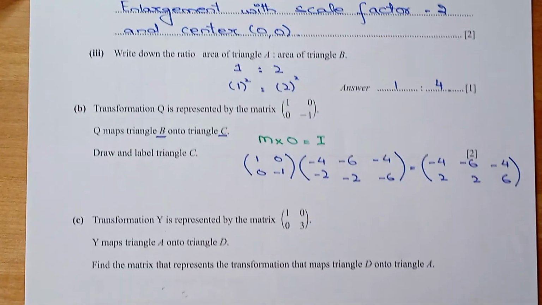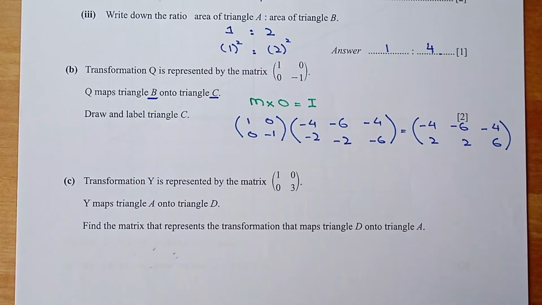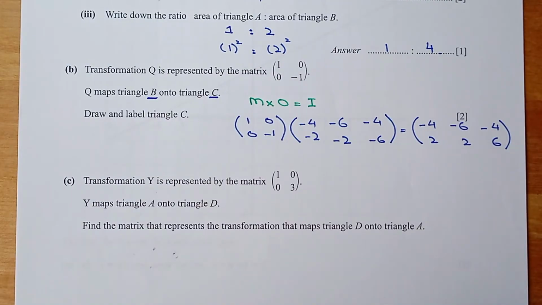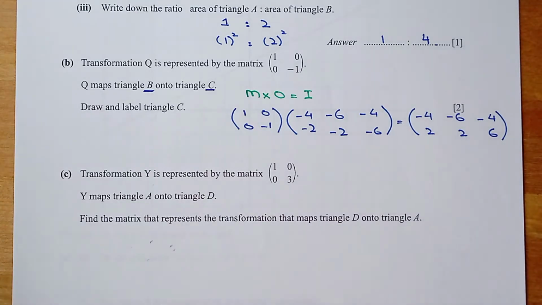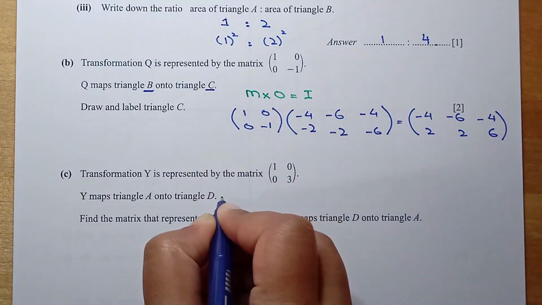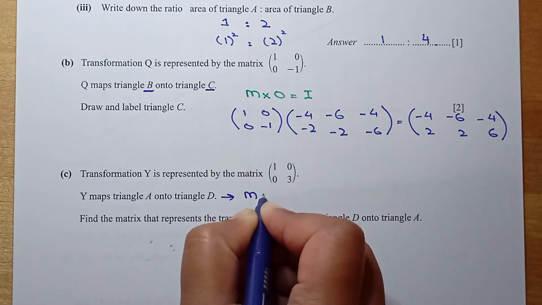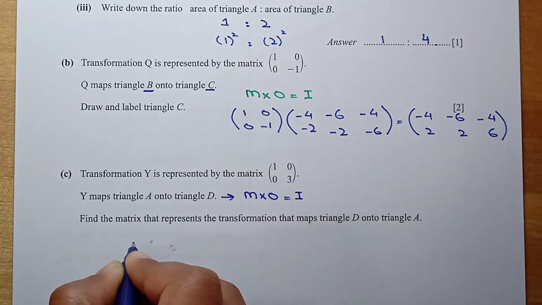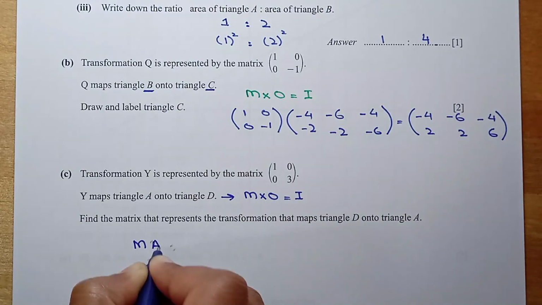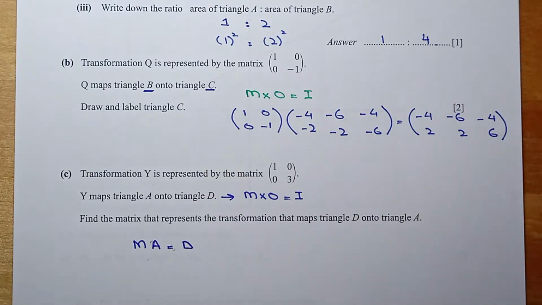Now for the C part, transformation Y is represented by the matrix. Y maps triangle A onto triangle D. Okay, so when Y maps triangle A onto triangle D, by using this information, we can use a formula that matrix times object equals to image, right? It means when matrix is going to multiply with A, we will get D, right?